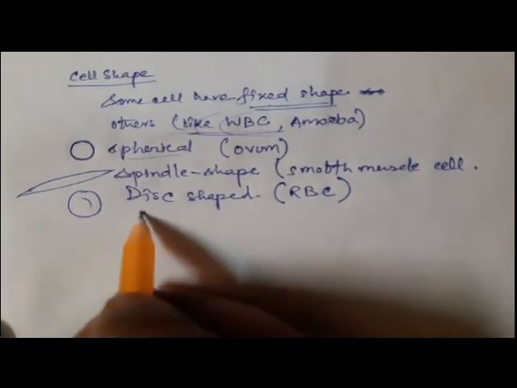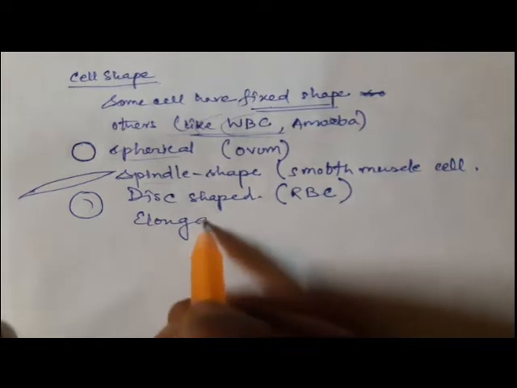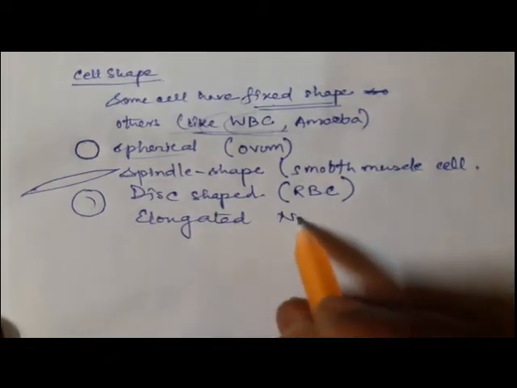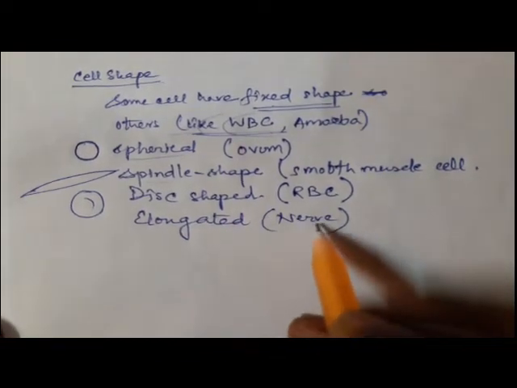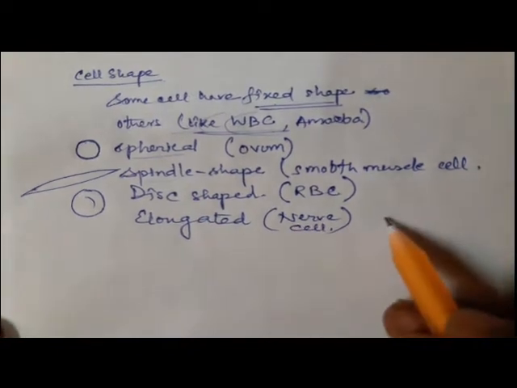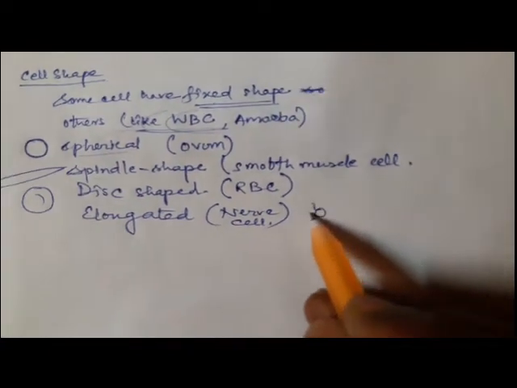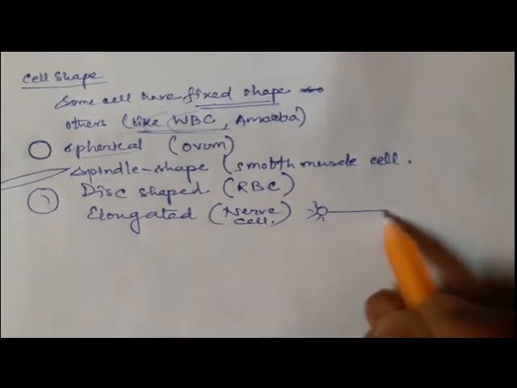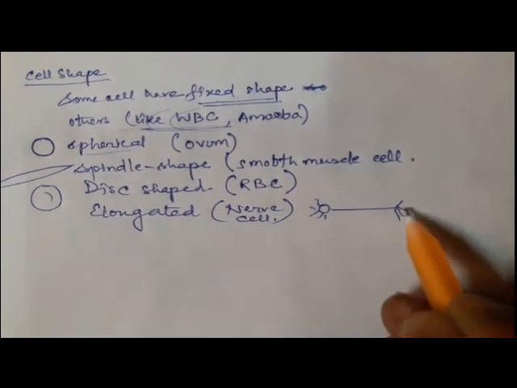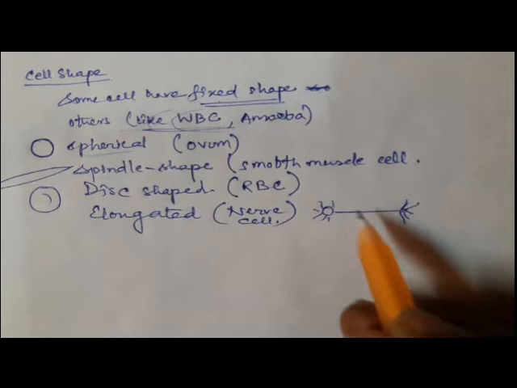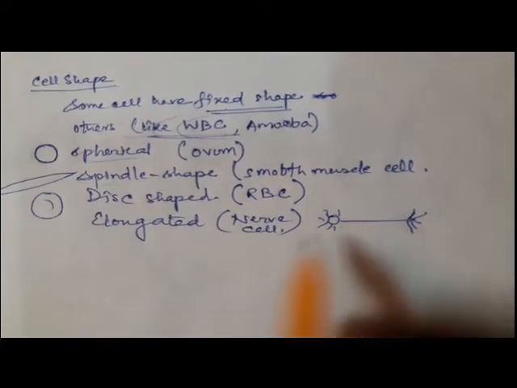And again, if we talk of nerve cells, they are elongated. If I just make a schematic diagram of the nerve cell, this is how it looks, so it is elongated.